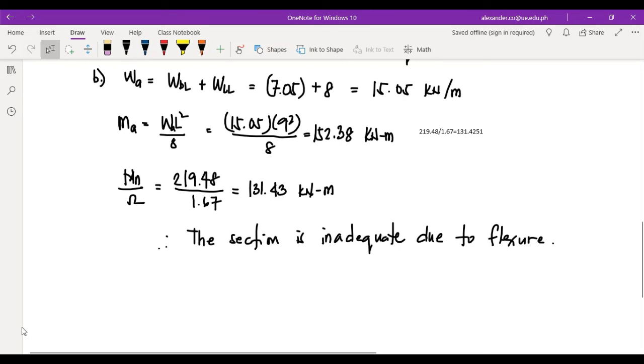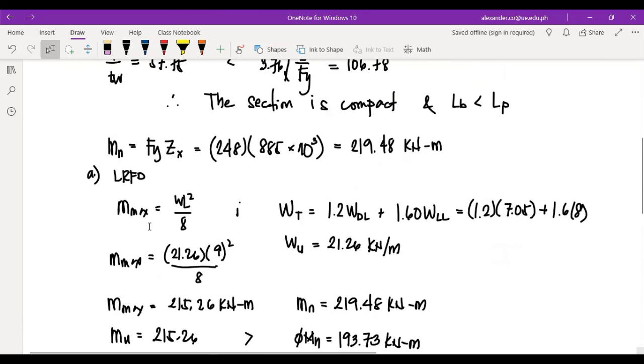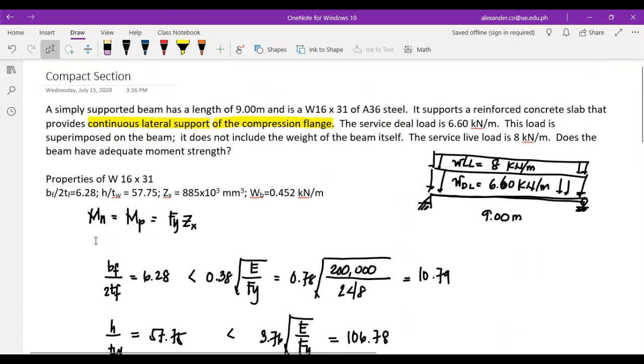Okay? So, it's quite easy, no? Medyo mahaba. So, let me just recap everything. Ang keyword, if continuous lateral support of the compression flange, automatic yan. Compact section na siya.